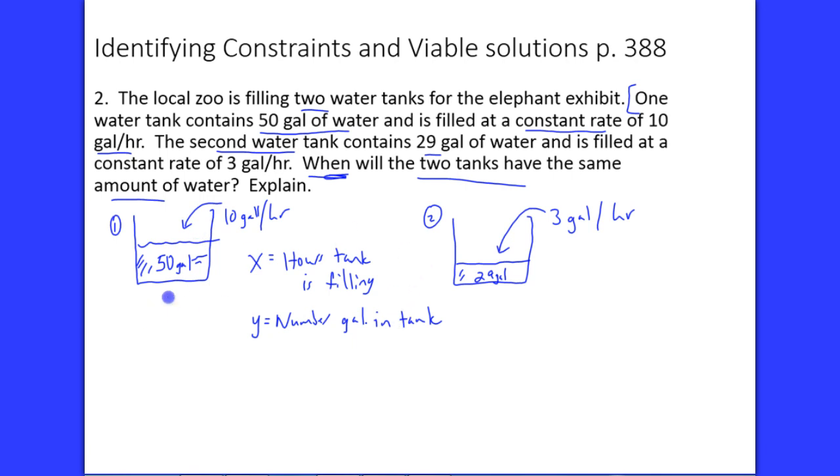So for tank 1, we can write the equation that y, which represents the amount of water in the tank, is equal to 10 times the number of hours they've been filling it, because it's 10 gallons per hour, plus 50. And for tank 2, the number of gallons is equal to 3 times the number of hours the tank is filling, plus 29, because it starts with 29 gallons.